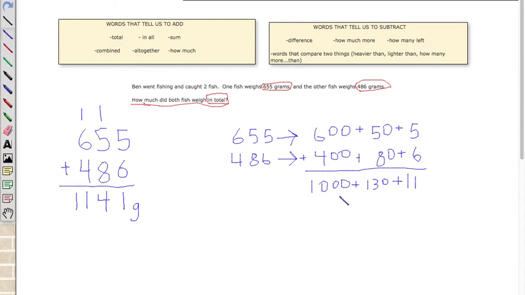So I have 1,000 here plus 100, if I just take those two values, I can make 1,130. And then if I add that 11, or if I break that into 10 and 1, I can make 1,141 grams.